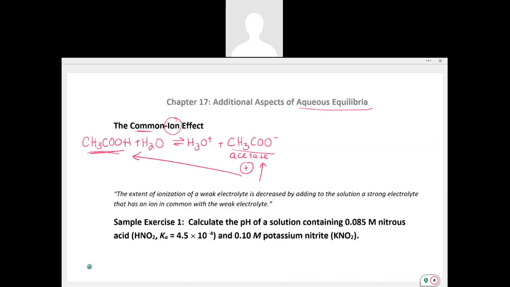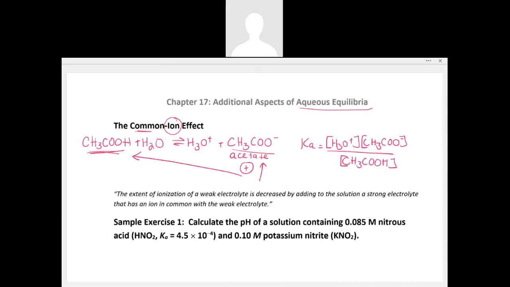So if we initially have a common ion to start, if you recall, we can think of our Ka expression as this form here. So we have our concentration of our products over concentration of our reactant on the bottom, the acetic acid.